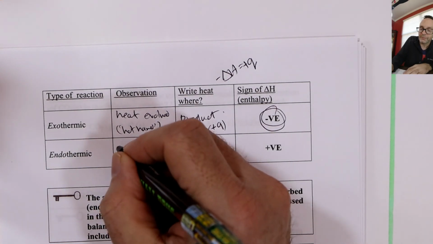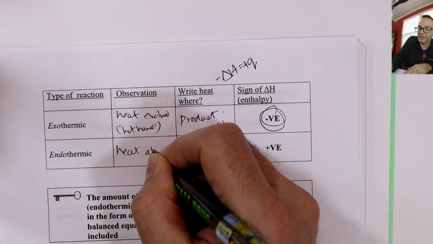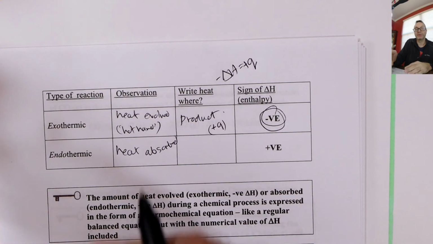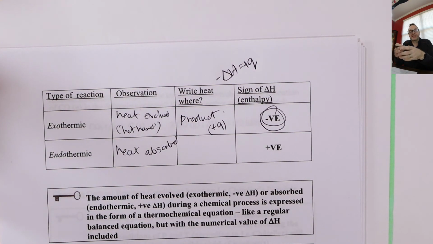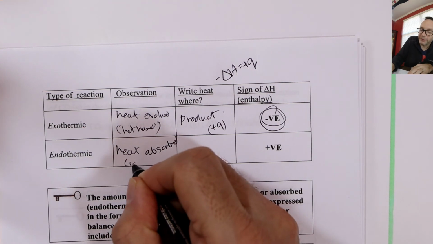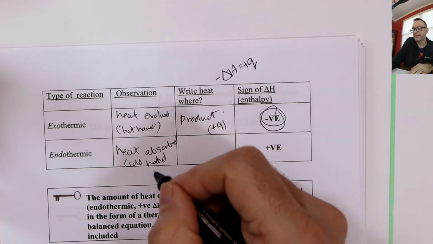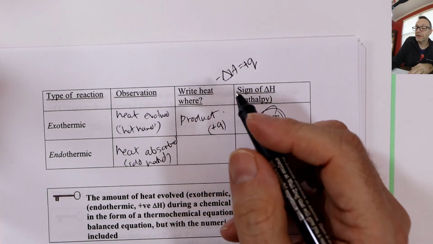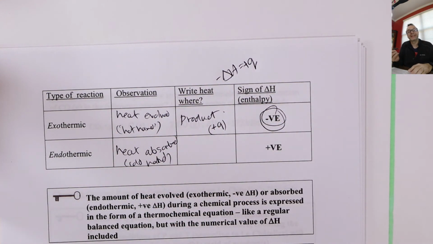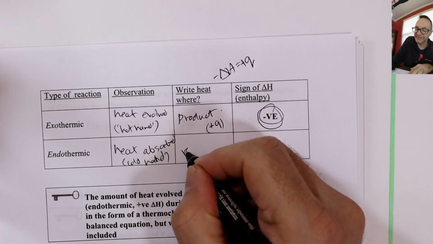Endothermic is the opposite. Heat absorbed. If you're holding a vessel in which an endothermic reaction is happening, it feels cold because it's taking heat from the surroundings: your hand, cold hand. So heat is on the other side. It's the opposite, so it's a reactant.